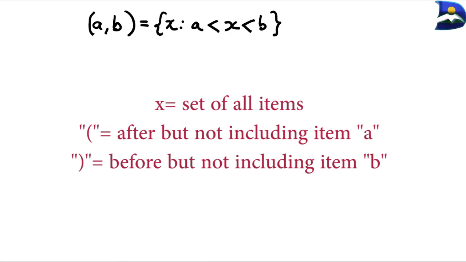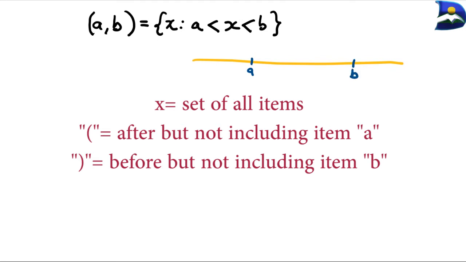And we can illustrate this by drawing a number line, with a labeled here and b labeled here.